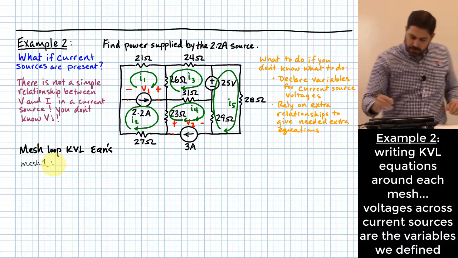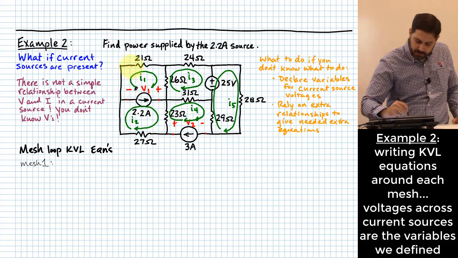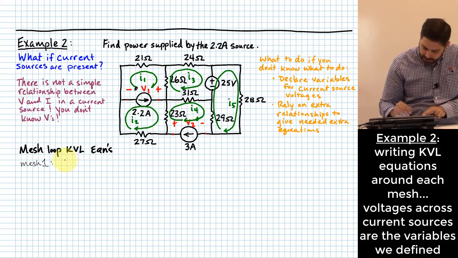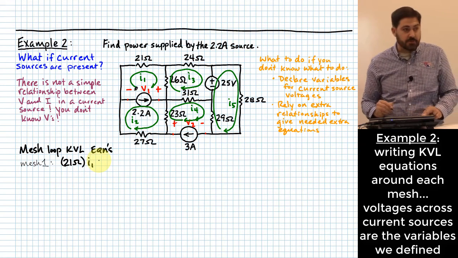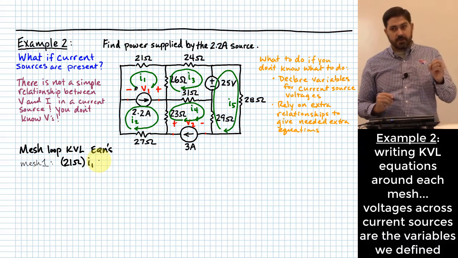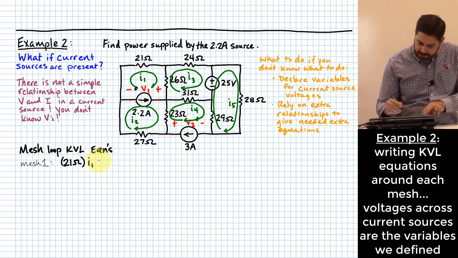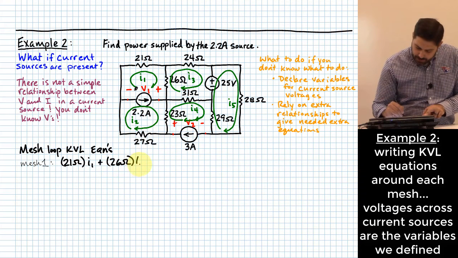If we start at the beginning, at this point in mesh 1, what's the first circuit element we hit? The 21 ohm. And so what we would have there would be 21 ohms times what? I1, right? There's no other meshes involved on the 21 ohm resistor, so it's just the one current. What's next? Plus 26 ohms times what? I1 minus I3.